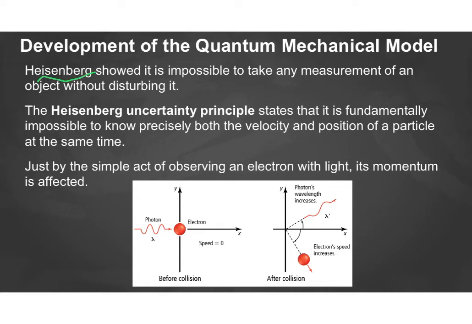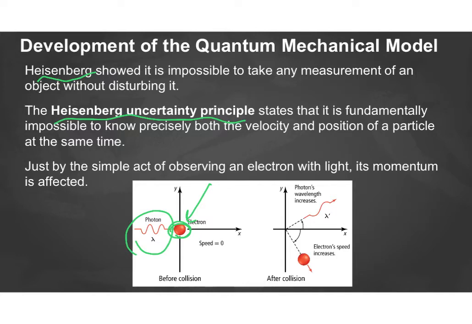The next scientist who contributed something significant to the quantum mechanical model of the atom was Heisenberg. You may have heard of the Heisenberg uncertainty principle, but the bottom line is simply by observing the electron. Okay, so how do we observe things? Well, human beings, we shine light on them and try to look at them, right? It turns out you can't really do that with an electron, because the instant you hit it with light to illuminate it, you have affected its behavior.